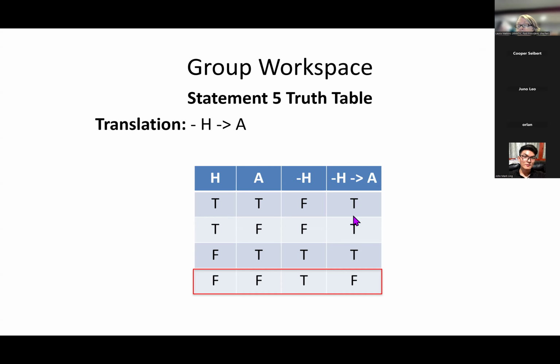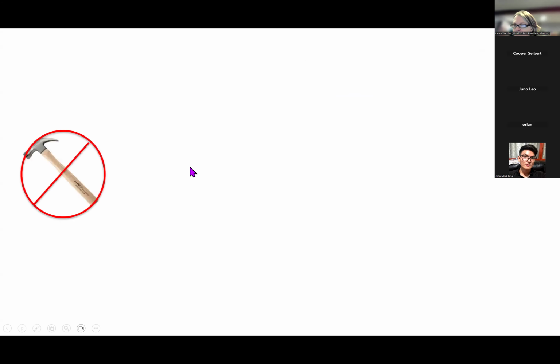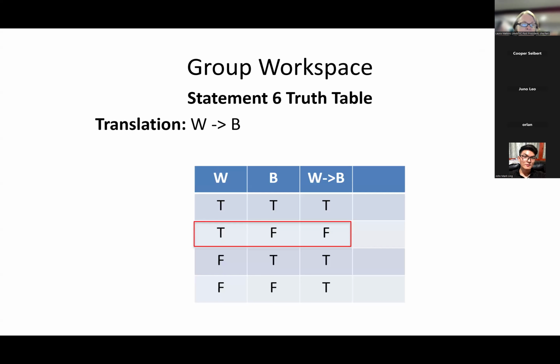Okay. So then I'm going to summarize this in a picture in just a minute. So hang with me. Okay. The other truth table that's particularly helpful here is the one for statement 6.